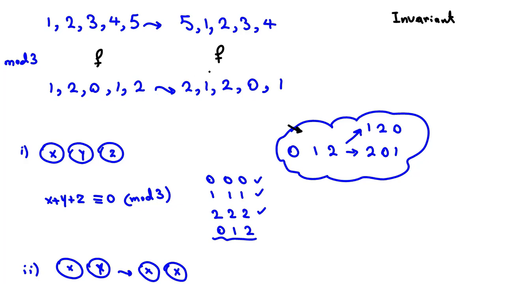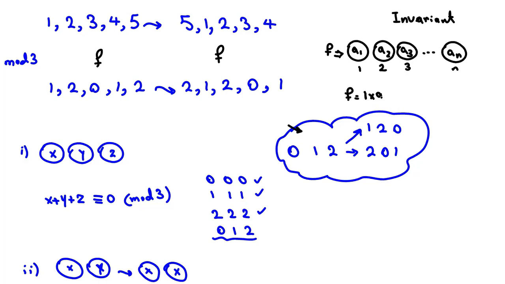So here I define, let me explain for you. I define one function. For example, suppose the first element is a1, the second is a2, the third is a3, and so on, the n-th is an. We define f as 1 times a1, the position times the number inside, 2a2, 3a3, up to nan.